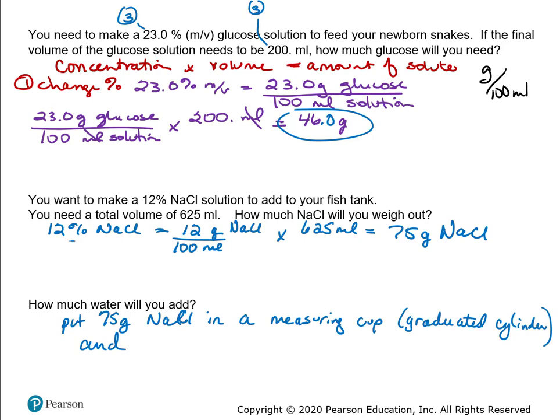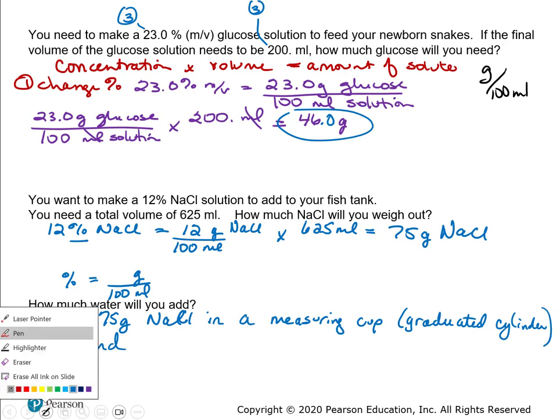Remember that this percent is going to equal grams per 100 mils or whatever. If it's mass to mass, it'd be grams per 100 grams. If it's mass to volume like this, it'd be grams per 100 mils. If it was volume to volume, it'd be mils per 100 mils. But percent always means per 100. So I've just changed my percent to what it stands for.